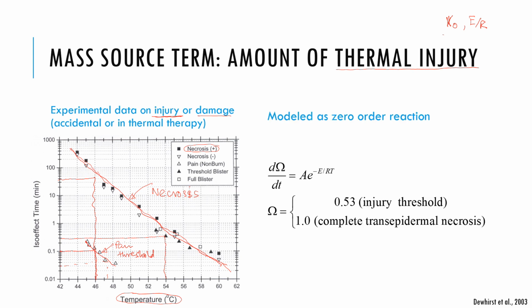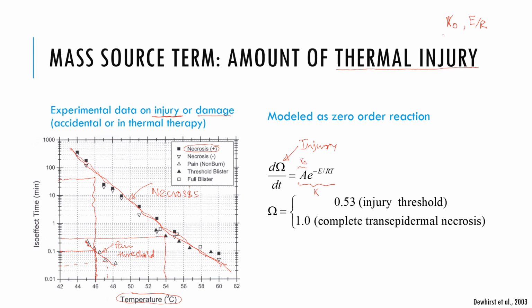So modeled as a 0th order reaction, this is my injury, and this was already shown as the expression for 0th order reaction. This is like our K in the past, and so this is like K0.